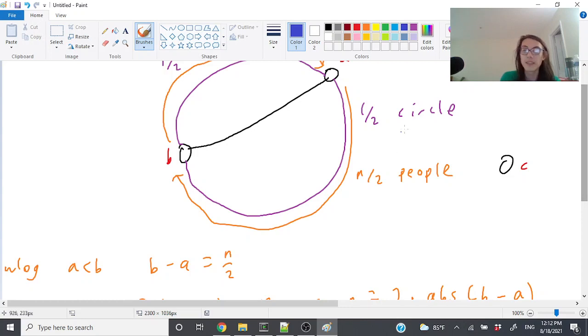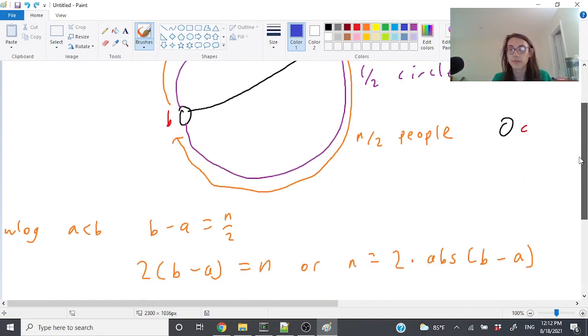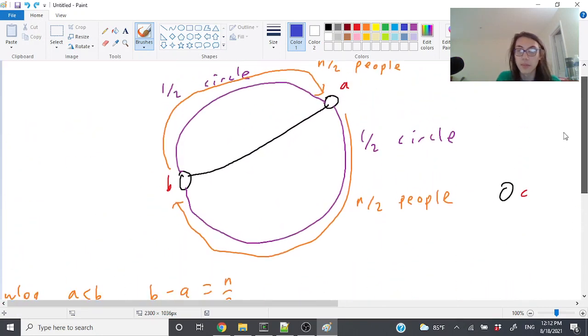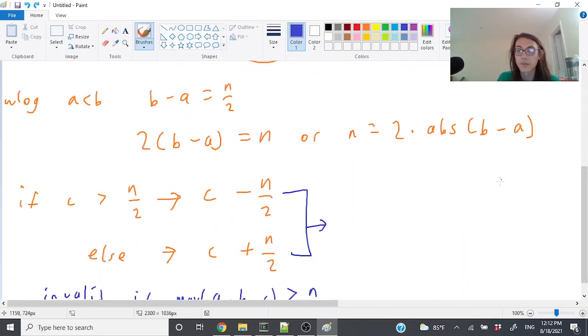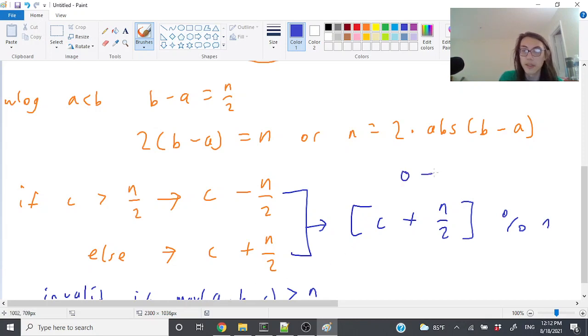Not exactly, but pretty close. This is a similar process. So you can think of it as essentially c plus n over 2 mod n. This is zero indexing, because if you one index, then it's going to be messed up.